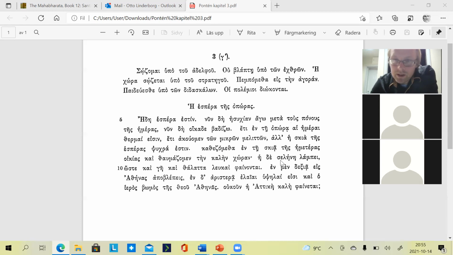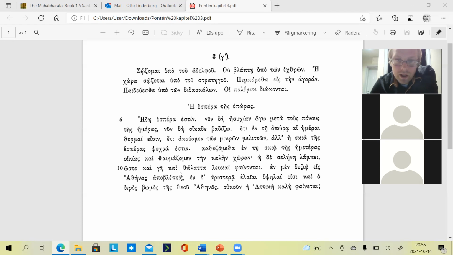So selene means moon, and this is of course a definite article. And de is and. So here the de falls between the definite article and the noun. He de selene, and the moon, lampe, shines. Third person singular.